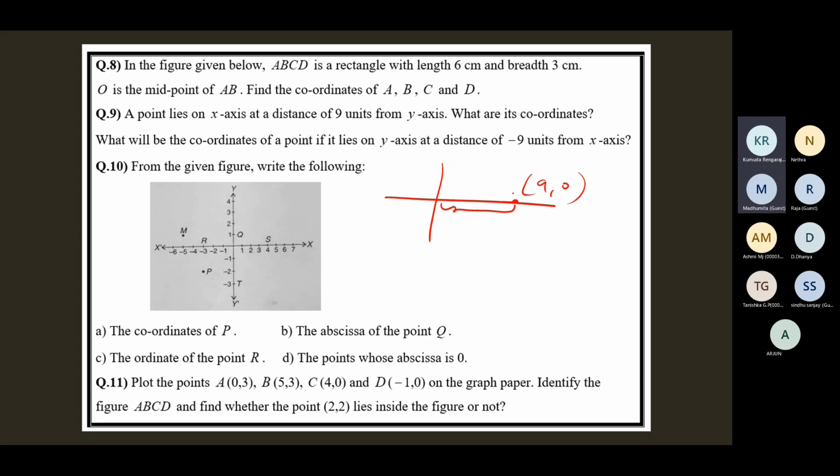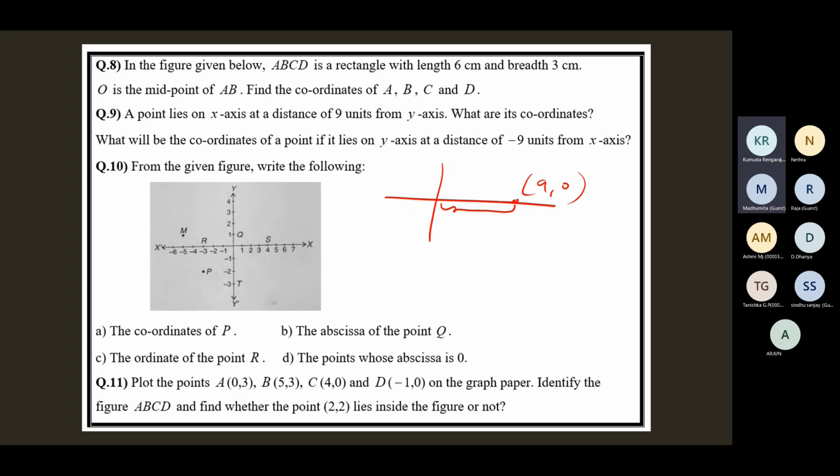The x-coordinate is the perpendicular distance of a point from the y-axis. And it's given that the distance of the point from the y-axis is 9 units.